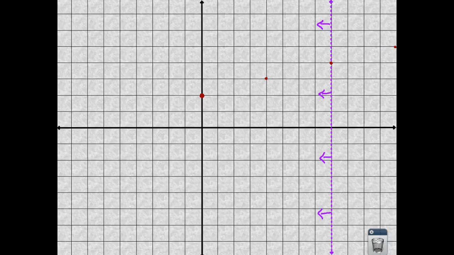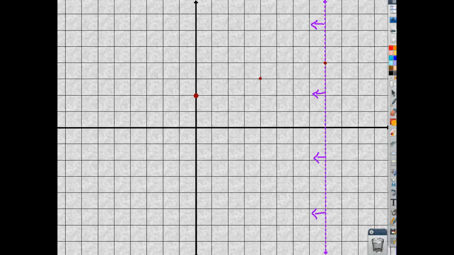All right, now is that a solid line or is that going to be a dotted line? All right, that is going to be a solid line. So it is going to run all the way through the grid.